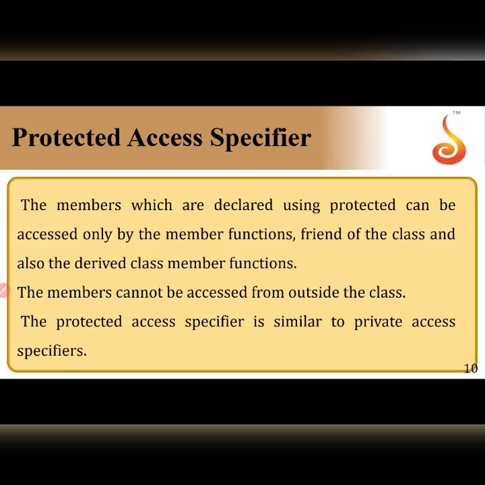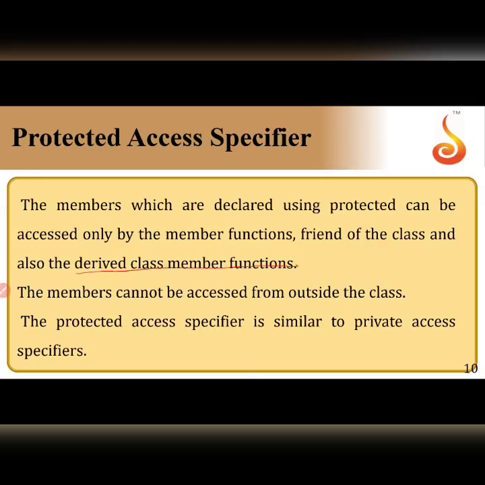I'll just tell you what is protected, but for now we'll be using only private and public. When we do inheritance, we will write protected. The members declared using protected can be accessed only by the member functions and the derived class member functions.